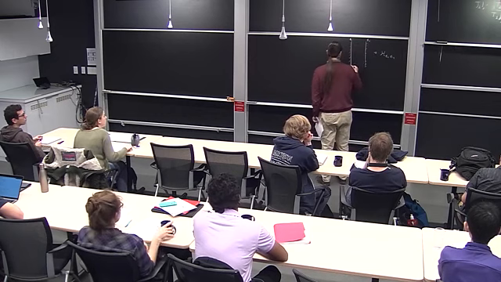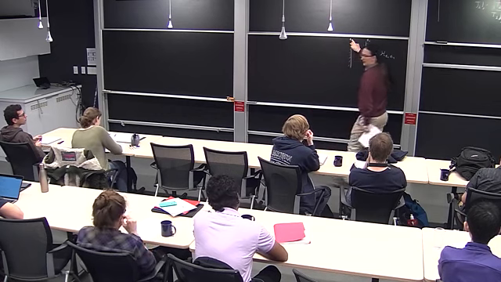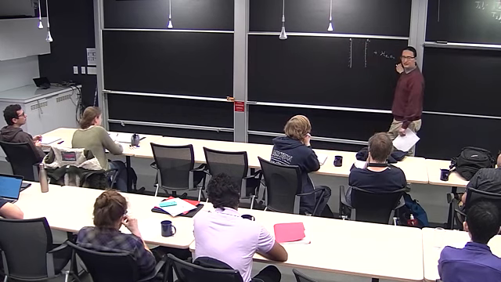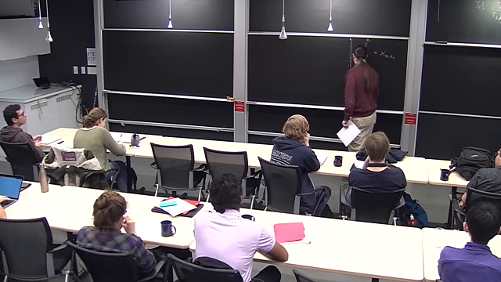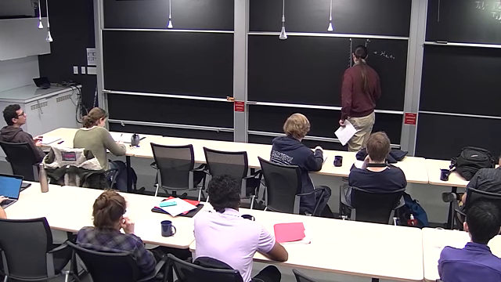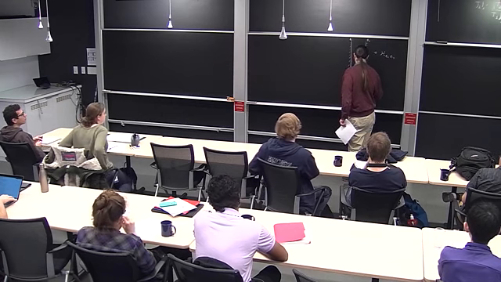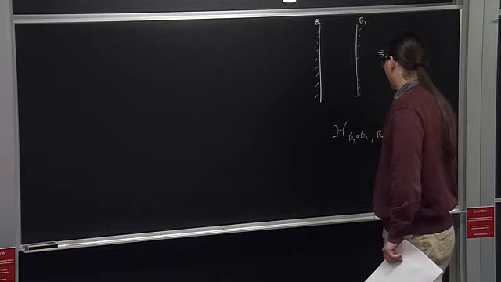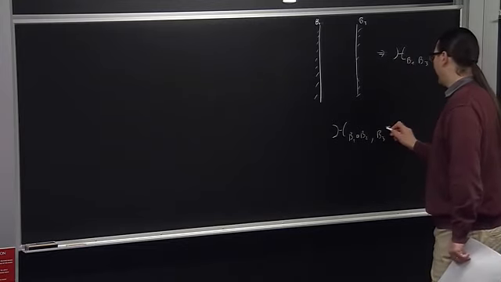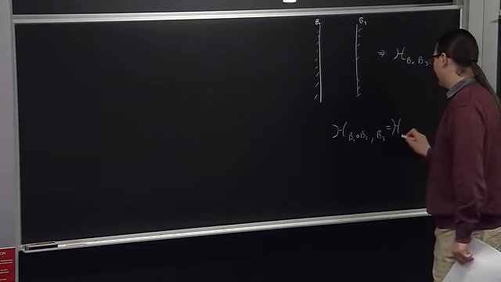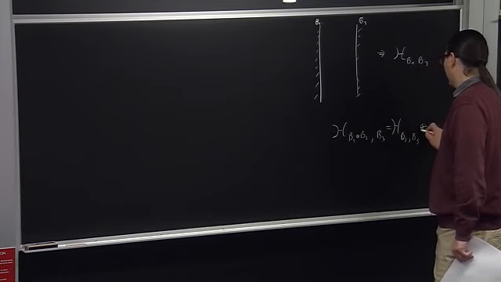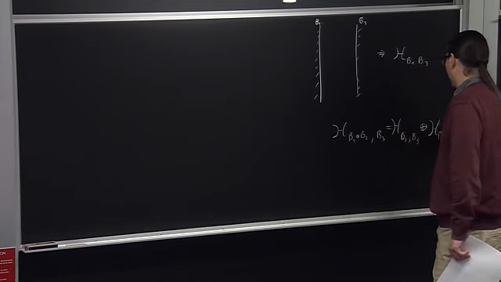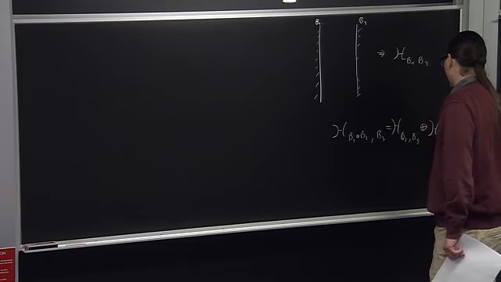If I do the same with B2, I get a different space of states. Then the statement is that if I look at a space of states on a strip with boundary condition B1 plus B2 at one end and B3 at the other end, this is the direct sum of the Hilbert space with boundary condition 1 and boundary condition 3, and the Hilbert space with boundary condition 2 and boundary condition 3.